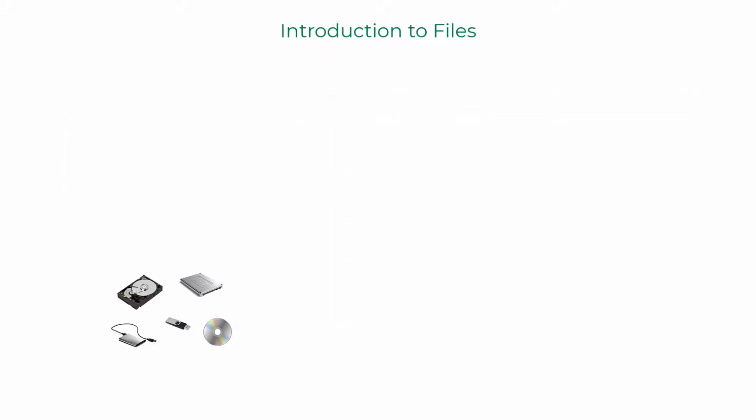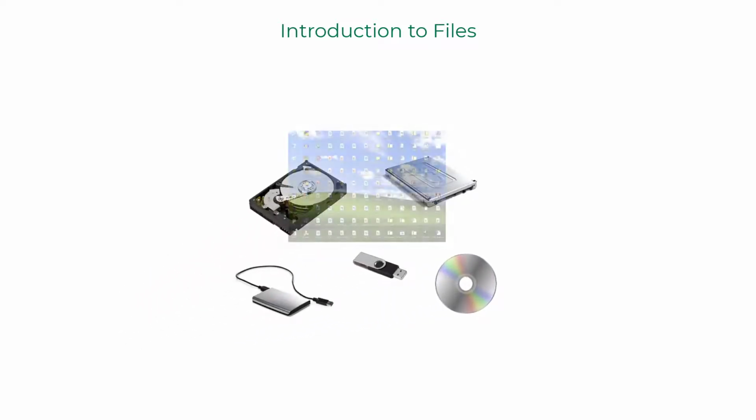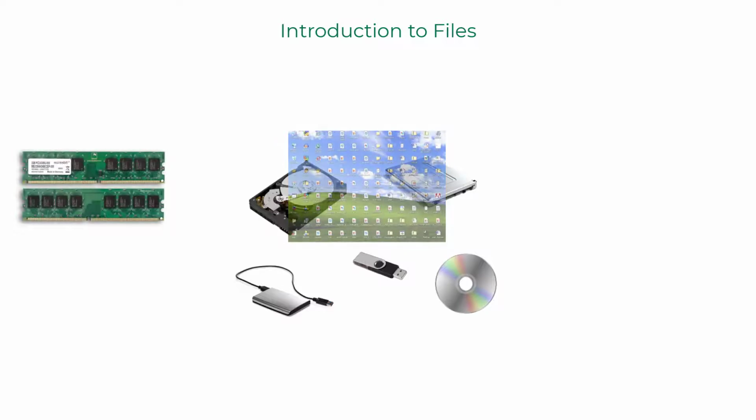Even though you switch off the power, the files are safely stored in the storage devices, ready to be retrieved once the computer powers up. The moment you open the file, the contents of the file are loaded into the computer's working memory, which is RAM.